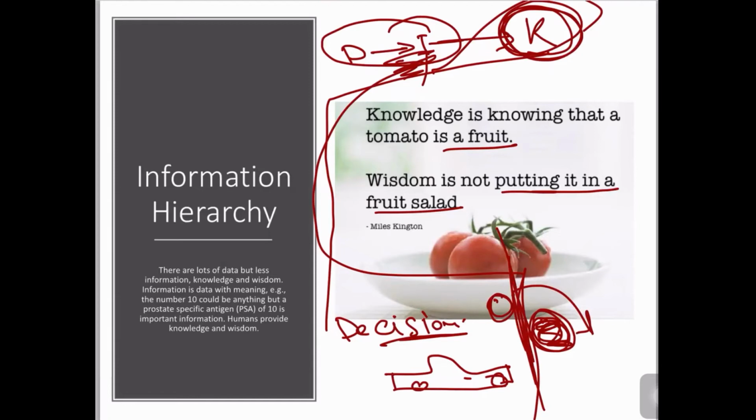So now when data combines with other data, that becomes information, and when you combine that information with other information, that becomes knowledge, and then you use that knowledge for your decision making.